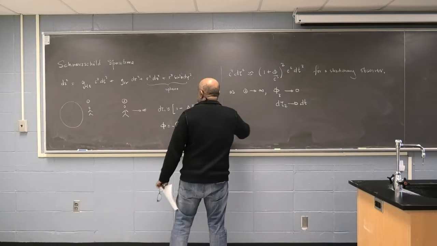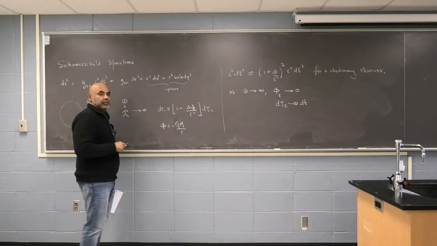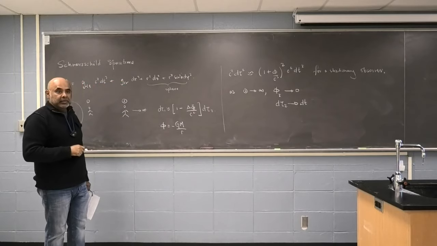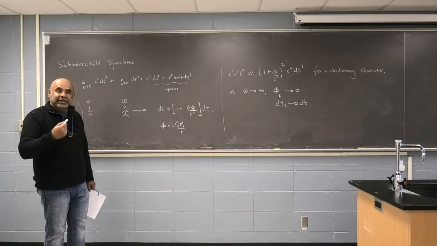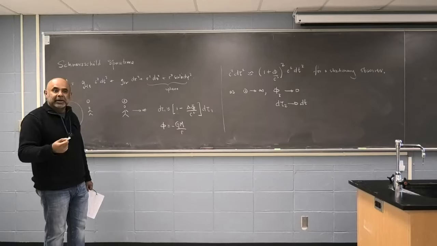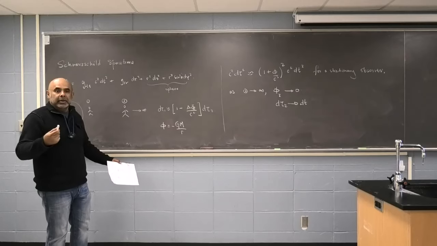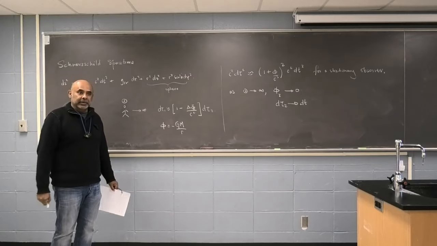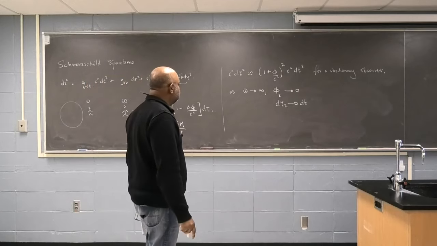I didn't have to write these terms. Why is that? Because the observer is stationary. So there's no dr squared, there's no dt squared. If you look at the world line of the observer, it is only getting older in time, if you will. So all the other terms go to 0.